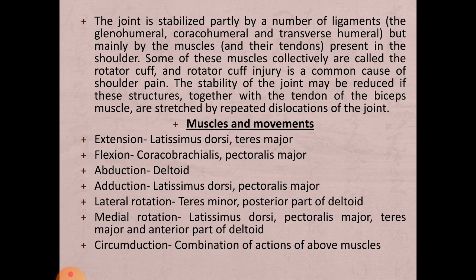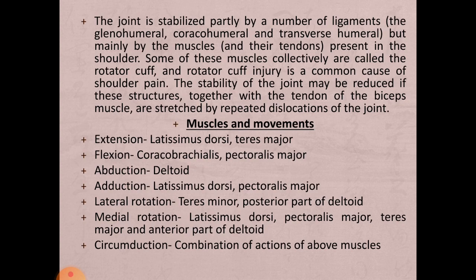And then we talked about the rotator cuff muscles, a group of 4 muscles providing stability to the shoulder joint. These muscles are the supraspinatus, infraspinatus, teres minor, and the subscapularis. Rotator cuff injury is a very common cause of shoulder pain, and it can be caused by an accident or by overuse that can cause tearing of these muscle tendons.